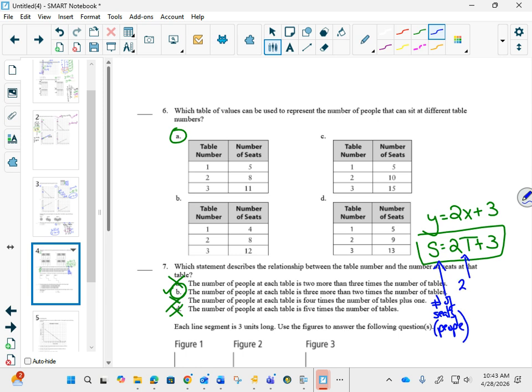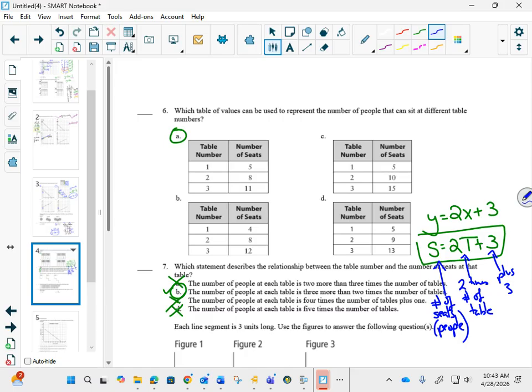This says 2 times number of tables plus 3. The numbers should be switched.